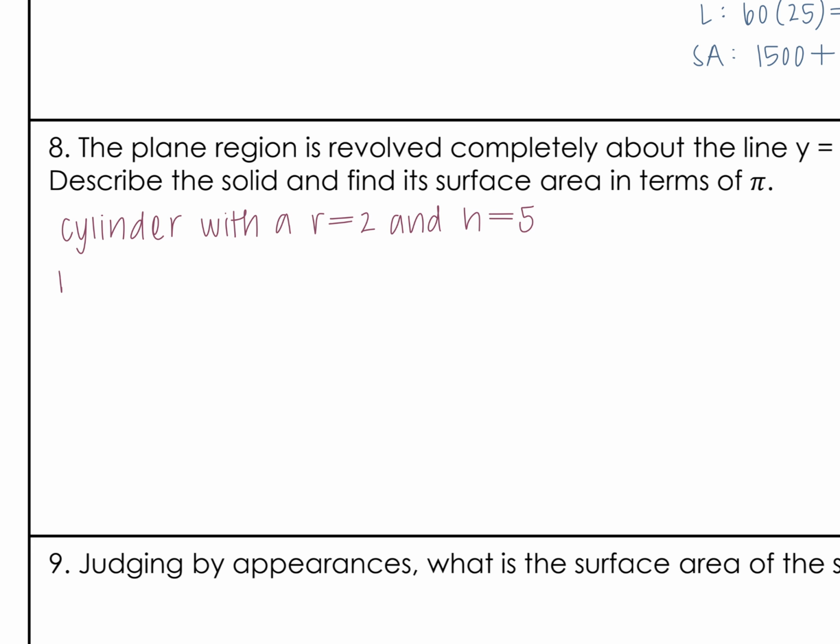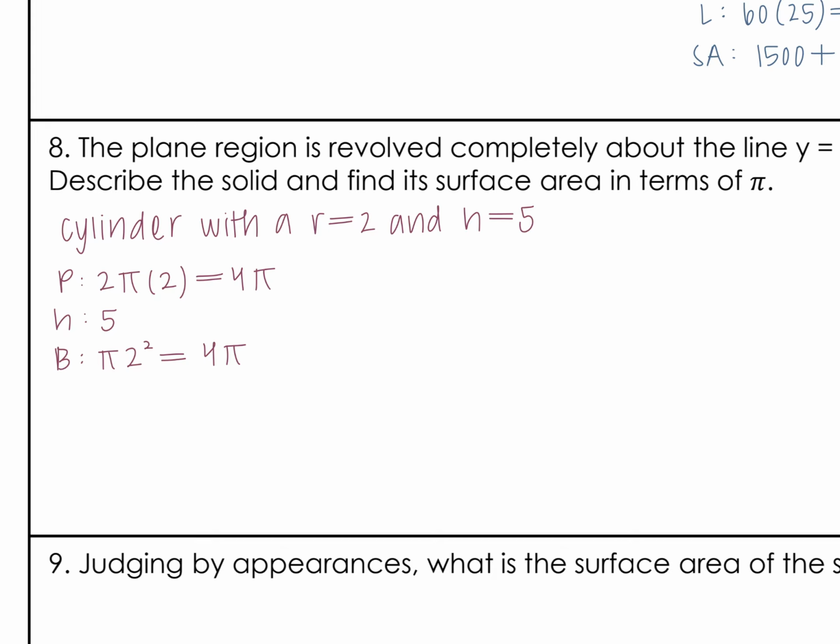Okay, so plugging in to find my p, we would have our 2 pi r, so 2 times pi times 2, which when I simplify is going to give me 4 pi. We already mentioned that our h here is going to be 5. And then the area of the base here is going to be that pi times 2 squared to get 4 pi.